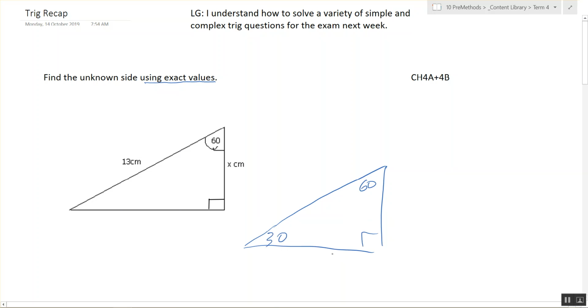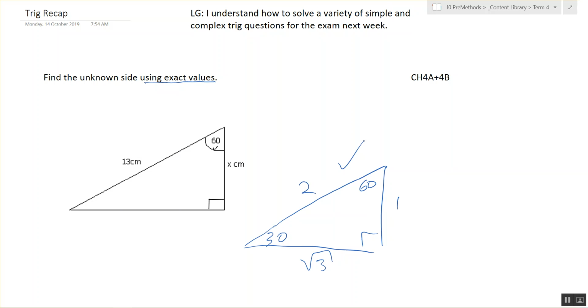One to that side, I think, I'm pretty sure. One, and then two, and then square root. Yep, so hopefully you know that off the top of your head. Yep, so that might be worth a mark. Tick. What's the next step?